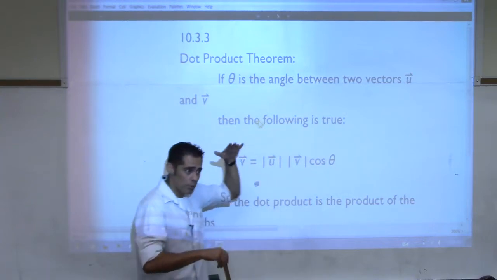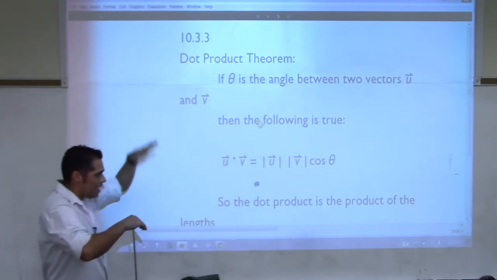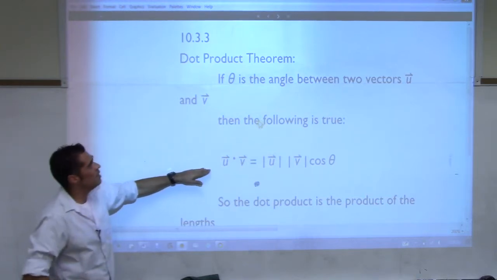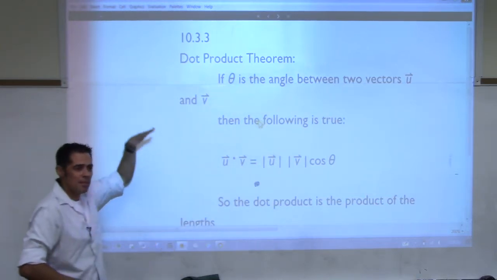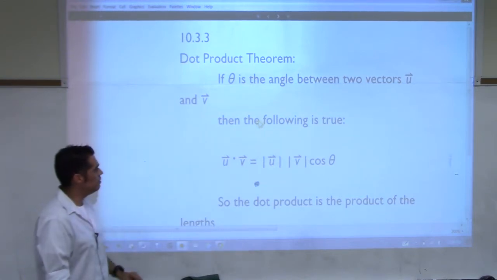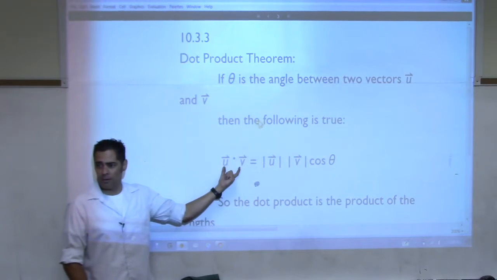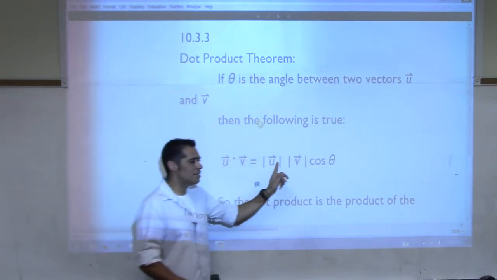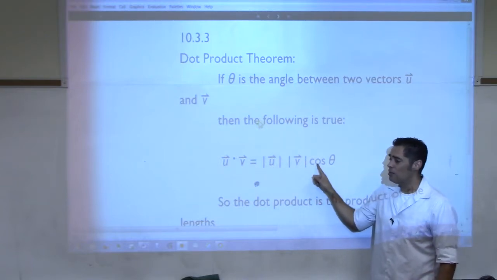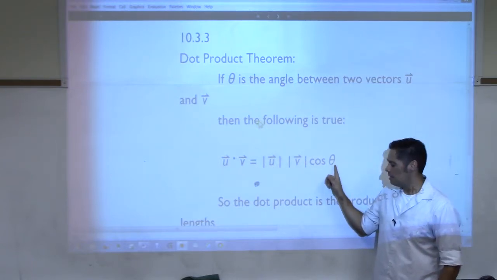And then they proved with mathematical rigor that this is true. Anytime you see a theorem, it's something that was proven. So it has been proven, and I'm not going to prove it to you, that the dot product is just the lengths of the two vectors multiplied together times cosine of the angle theta between them.